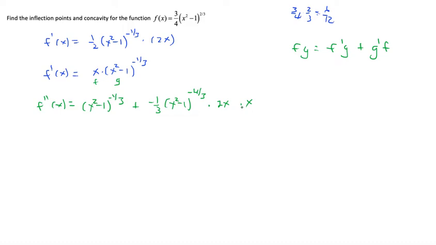Now in this case, I'm just going to convert this to a positive exponent, so we get 1 over (x squared minus 1) to the 1/3 power. And here you notice that x times x gives x squared, so with the 2 we get negative 2x squared over 3 times (x squared minus 1), all of that to the positive 4/3 power.